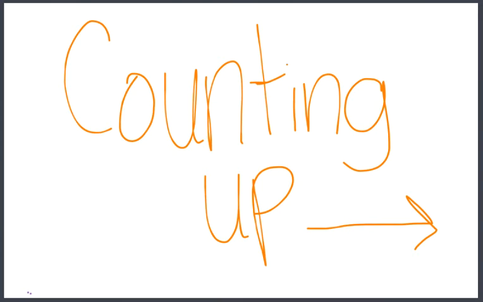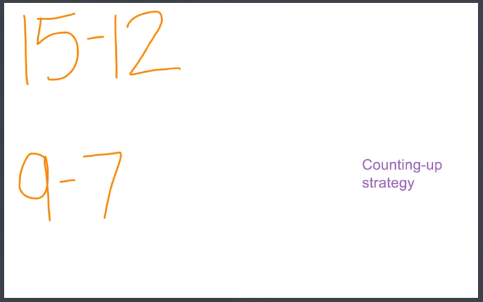Let's talk about another one, and that is the counting up strategy. The counting up strategy is one of my favorite strategies that I've talked about. When is it easier to use the counting up strategy to subtract?